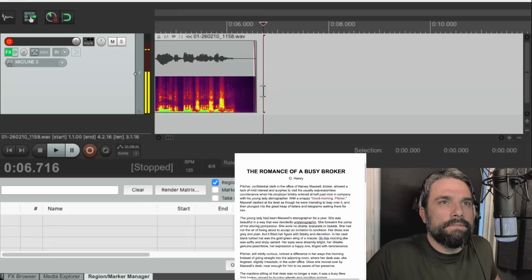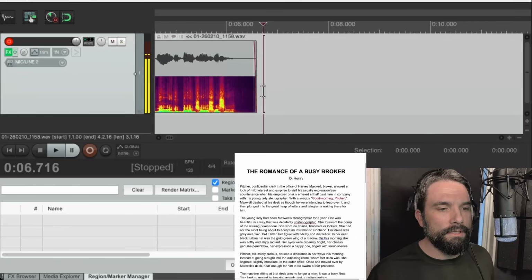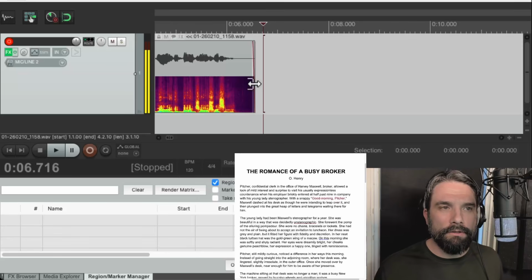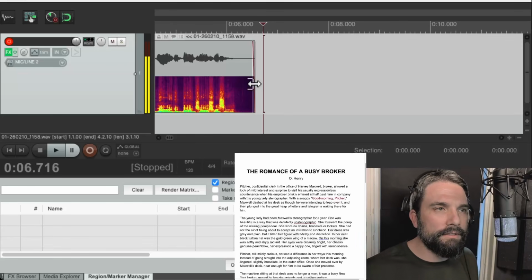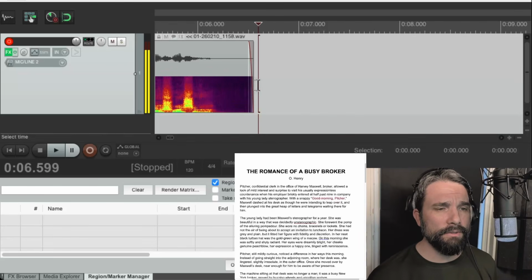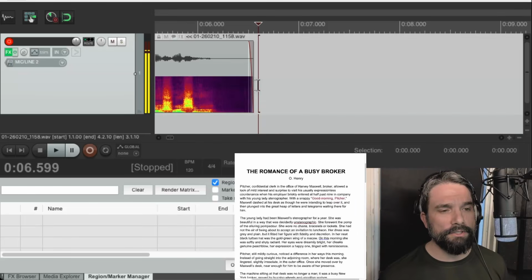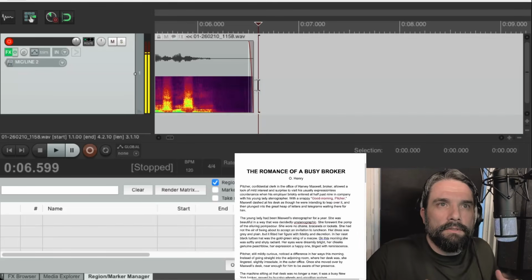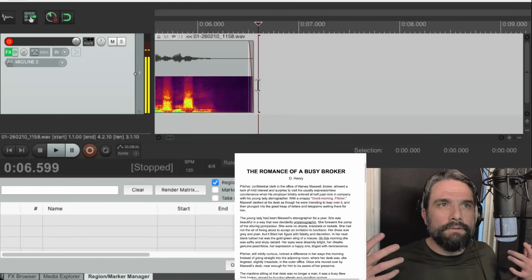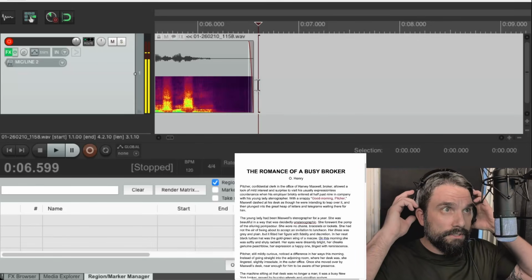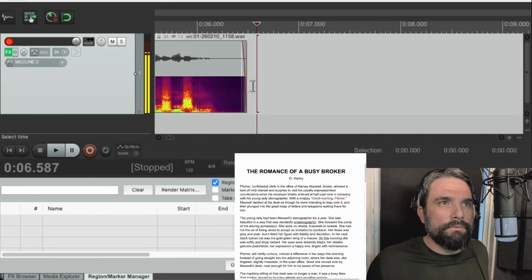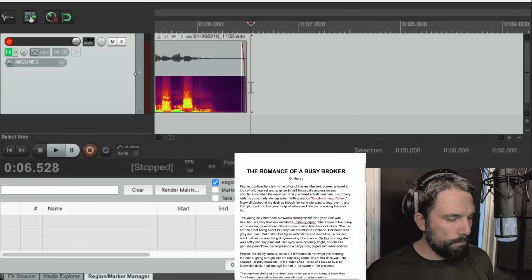So what you've got to be careful with when you do these kind of narrations, opening up, is you can't hit it too hard and run it all together. You have to let everything have its own space. To do that, you've got to make sure you're not like "Pitcher, confidential clerk in the office of Harvey Maxwell, broker." You don't want to slam it all together because it's going to sound really confusing to a listener. So take your time with it, and as always, give everything its own space and respect.